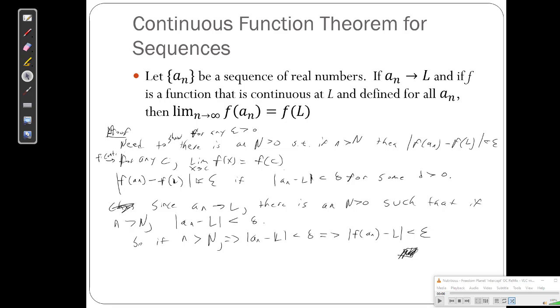We messed around a little bit. If I were going to formally present this proof, I'd clean it up quite a bit in my language. It's basically just using the definitions.